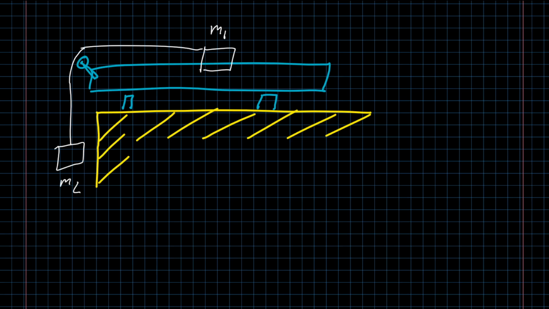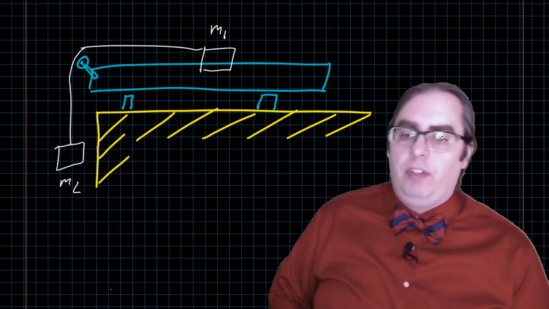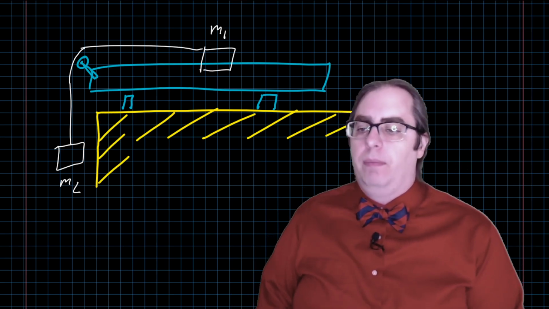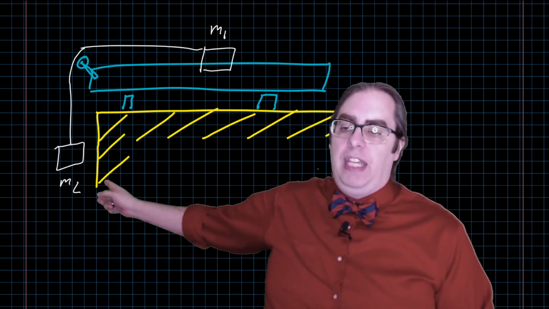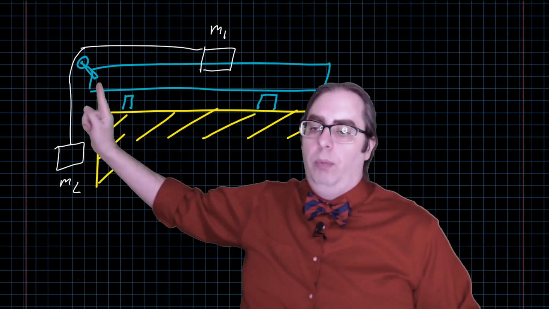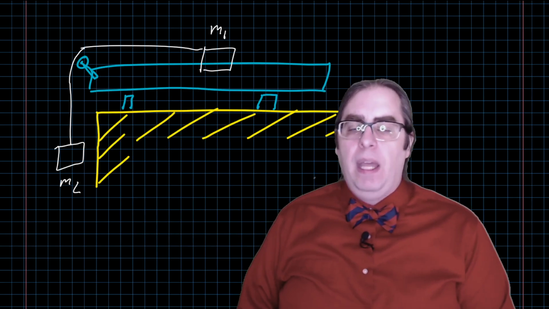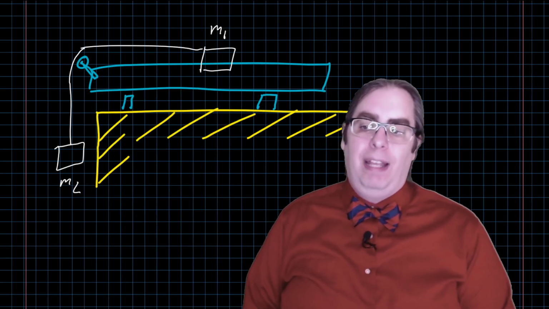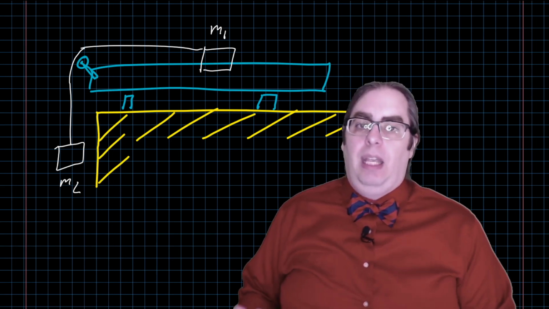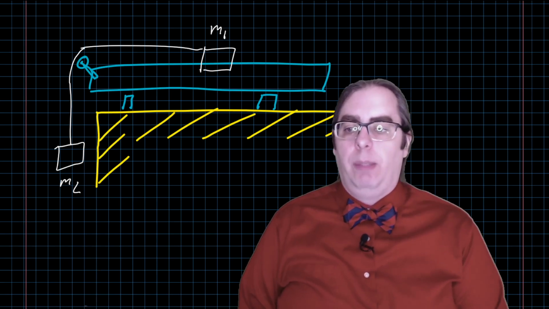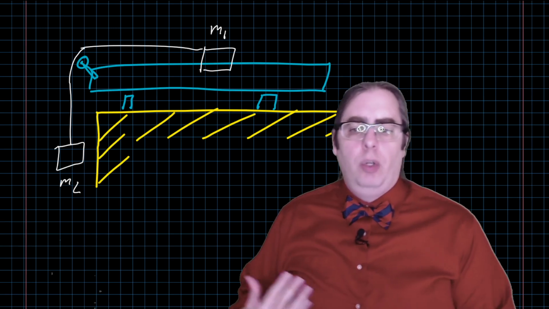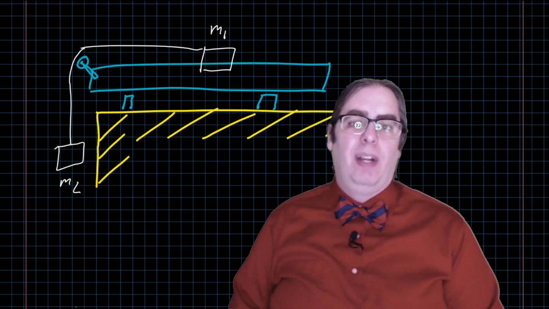Without doing any calculations, just with your experience in everyday life, you should be able to predict what's going to happen. Right? The mass of the counterweight is going to pull downward, and that's going to cause the cart to move towards the pulley. Depending on the relative masses of the cart and the counterweight, the rate at which the cart is going to be pulled towards the pulley is going to change, but it's still going to be pulled in that direction.